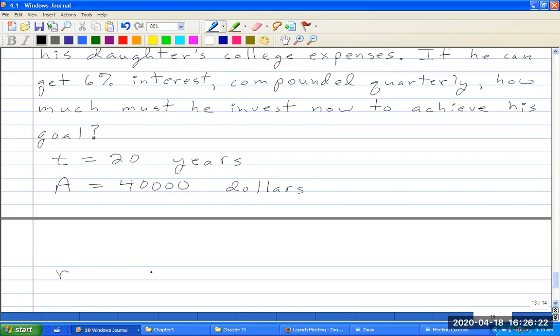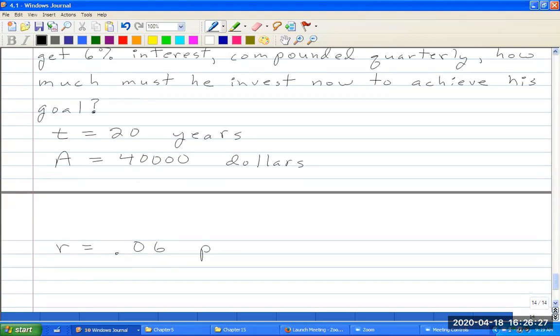Again, I'll write the rate as a decimal, and this is per annum, per year. And again, it's compounded quarterly.